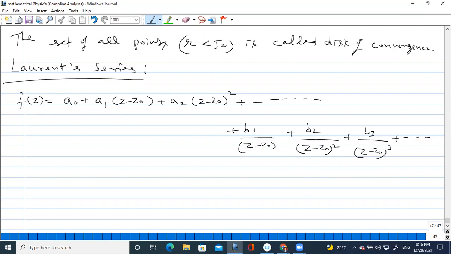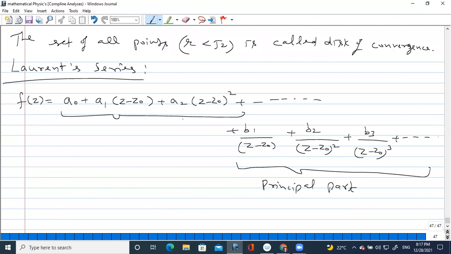Okay. So this part of the Laurent series is known as the principal part, because only due to this part it is named as the Laurent series. Otherwise this portion is the Taylor series.